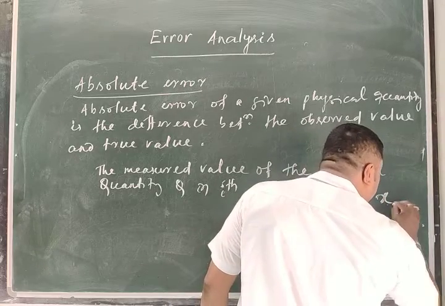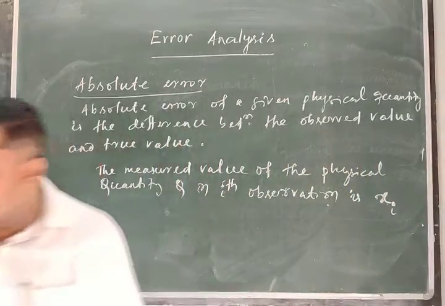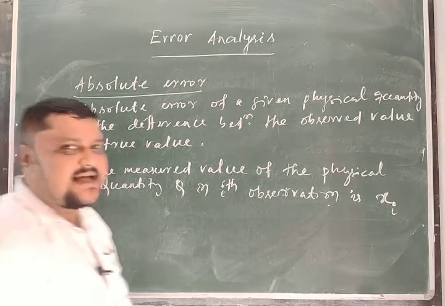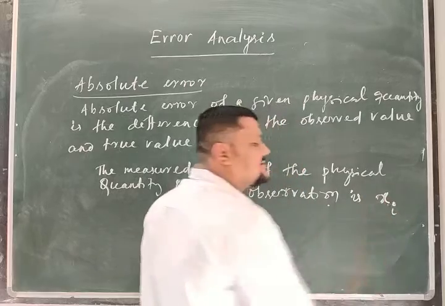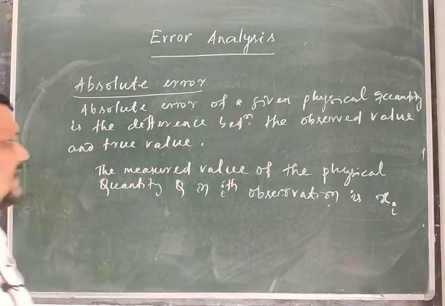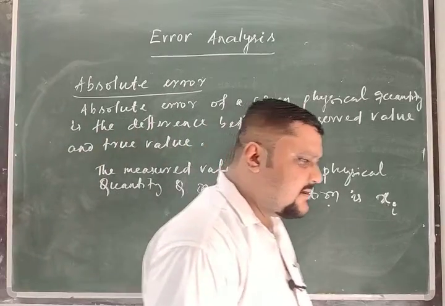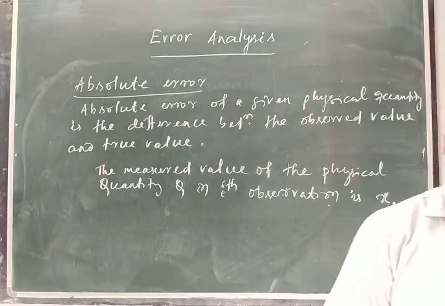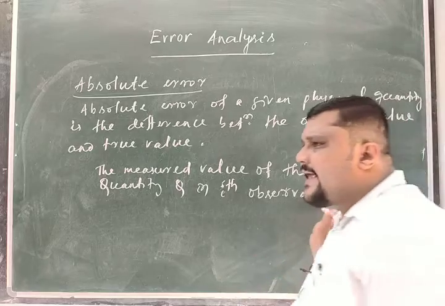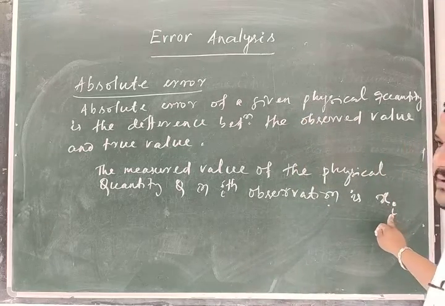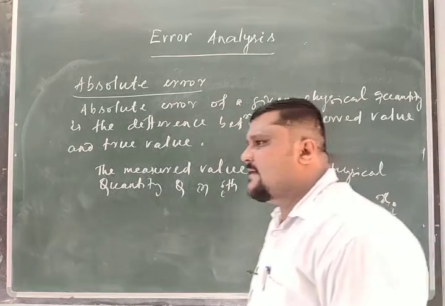I got this ith observation, the measured value is xi. The 27th observation gives me a value as xi or x27.